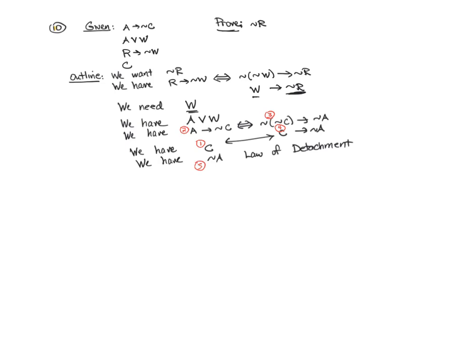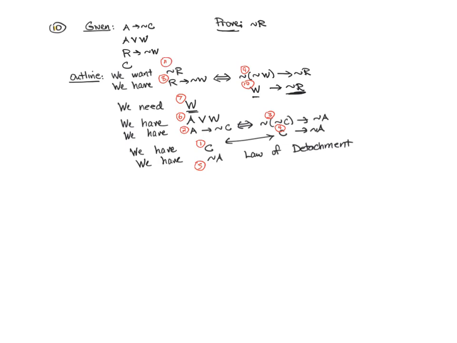And once we get the not A, we could combine it with the disjunction to negate that disjunct, and we get W. And once we get W, we'll write down this given, its contrapositive, and the law of double negation, and use the law of detachment again and get our not R. And this would be the sequencing in our proof.